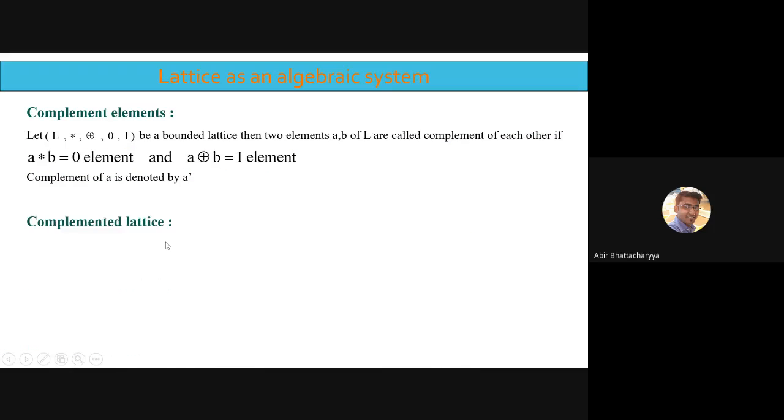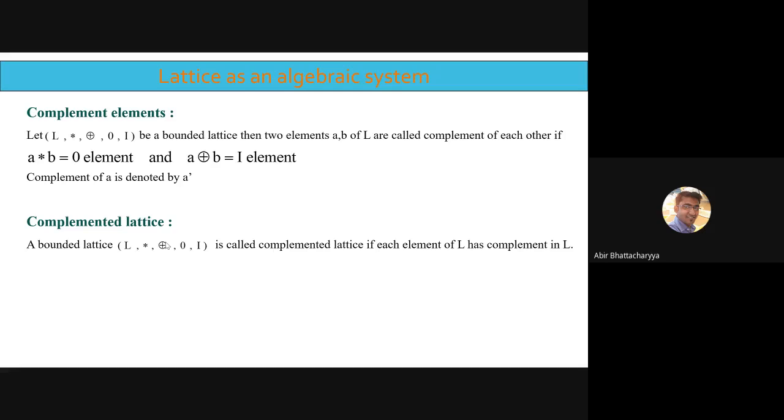All right, so before starting the examples, what we need to know is the complemented lattice. So what is a complemented lattice? A bounded lattice (L, *, +circle, 0, I) is called a complemented lattice if each element of L has a complement inside L. The first condition is that it must be a bounded lattice, so we need the 0 element and the I element.